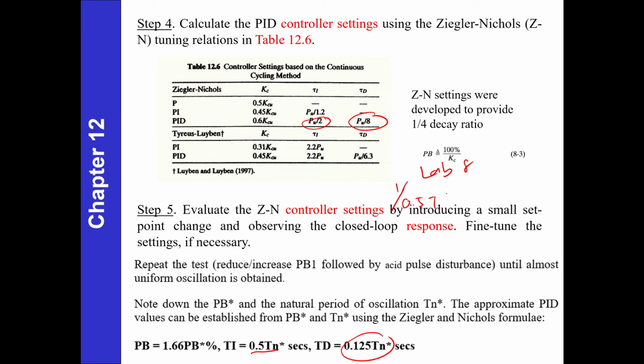We have 1 divided by this value. Again, that is because of the PID equation, which is Kc (1 + 1/(tau_I s) + tau_D s). So the algorithm in Simulink is basically this one.